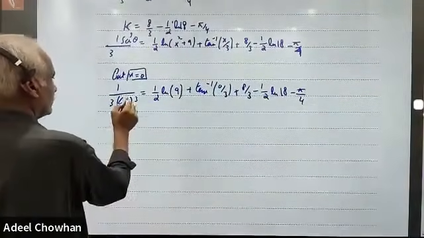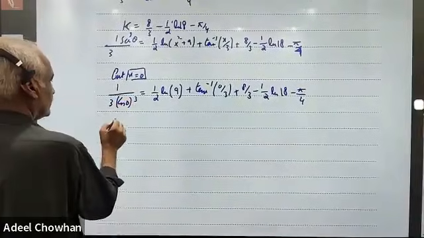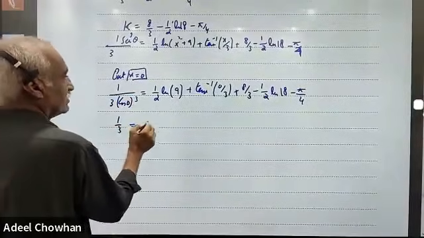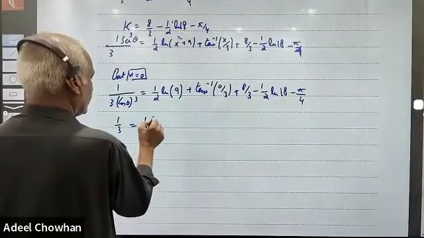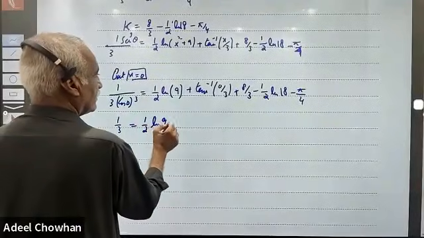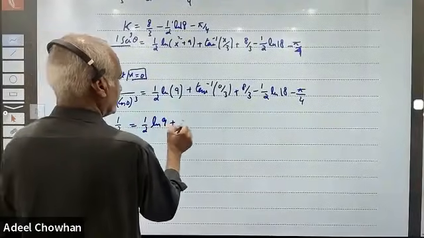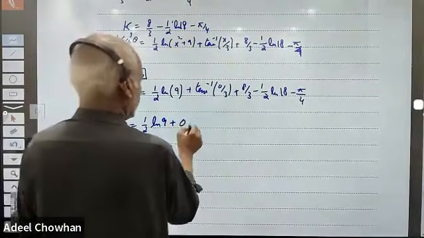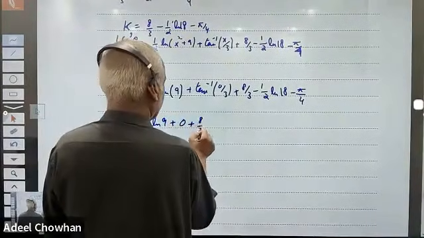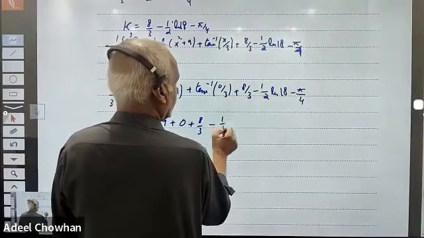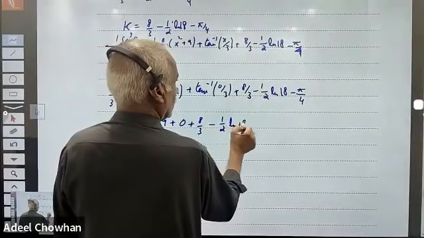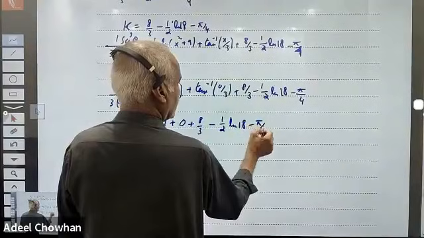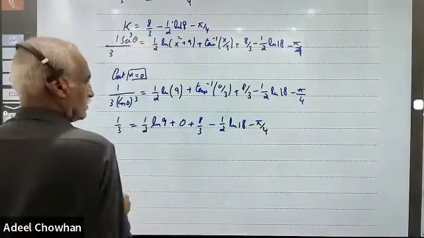Cos of 0 is 1, so 1 to the power 3 is 1, so it is 1 over 3, half log of 9 plus tangent inverse of 0 is 0, plus 8 over 3 minus 1 over 2 log of 18 minus pi by 4.